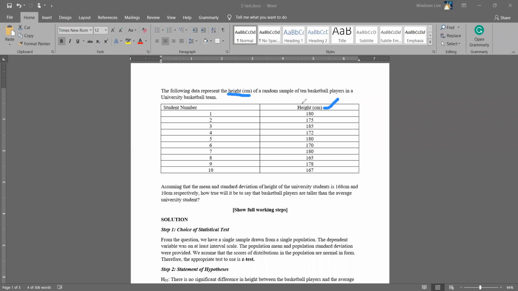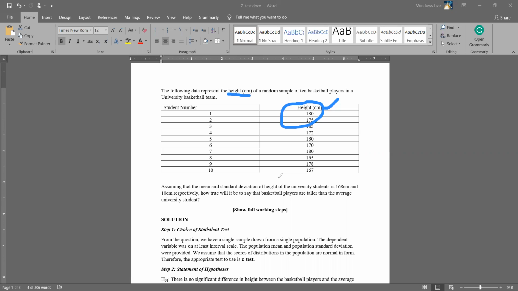Height is a typical physical science construct, so it is measured on ratio. With z-test, the dependent variable should be either interval or ratio, so this assumption has been satisfied.